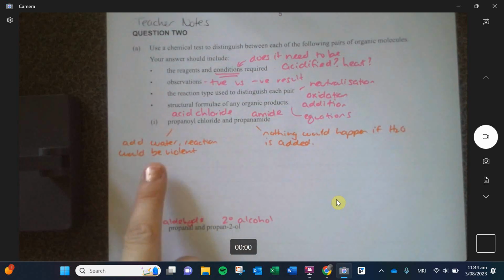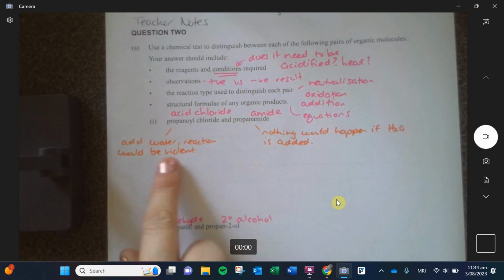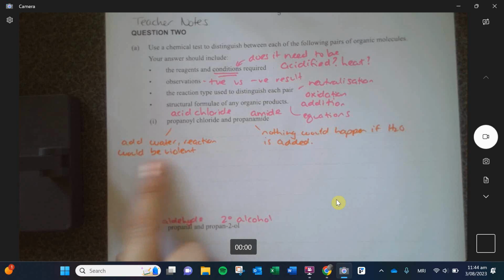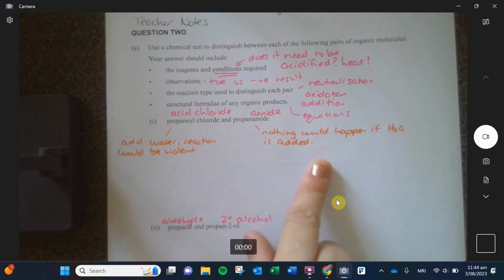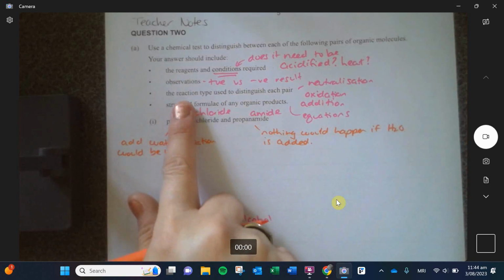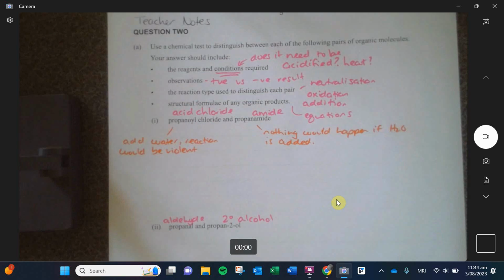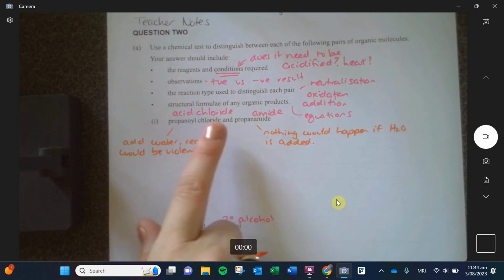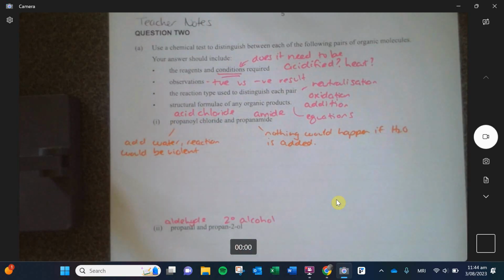Next thing is the observation. We've already talked about the observations, and that is that violent reaction, no reaction. So we've done that. The type of reaction that's going to happen and the formula of any products. I'm actually going to talk about the equation so we can understand what type of reaction it is.